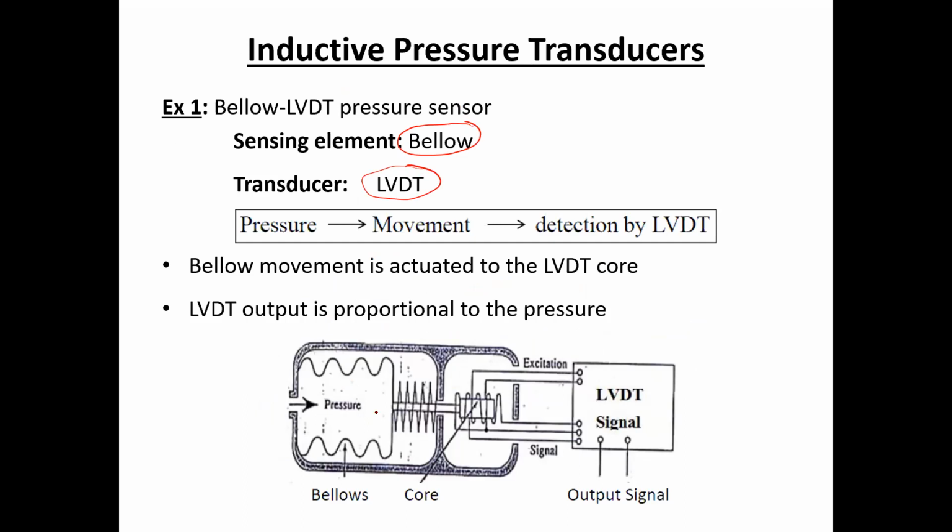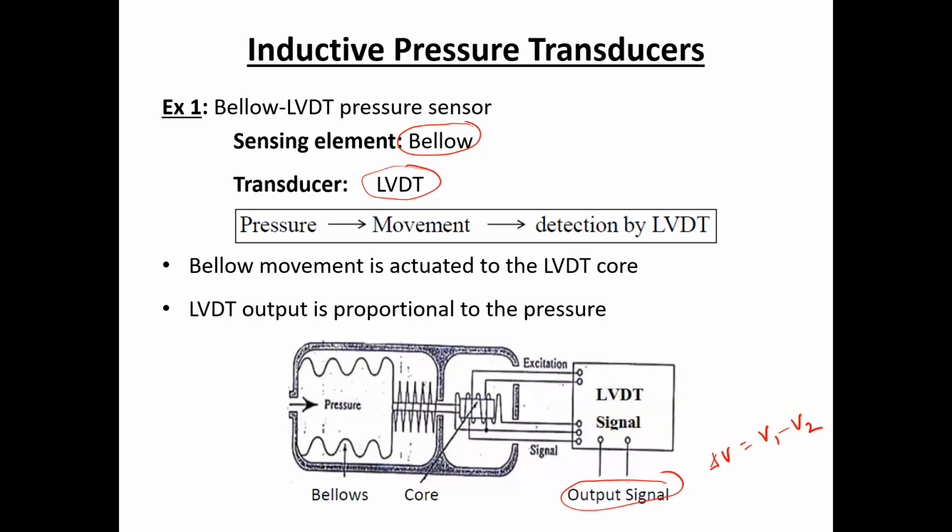So in this case, the bellow will be coupled with the ferromagnetic core of the LVDT. So if you remember the construction of LVDT, it contains one primary coil and two secondary coils, and depending upon the position of the iron core, the induced voltages at the two secondary sides will differ from one another, and the final output from the LVDT can be taken as a differential voltage difference between the voltages induced in the two secondary coils.